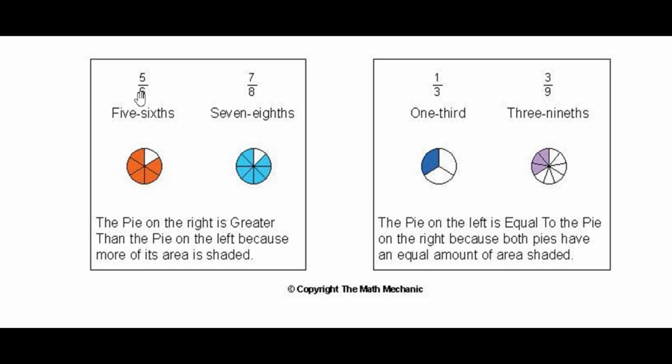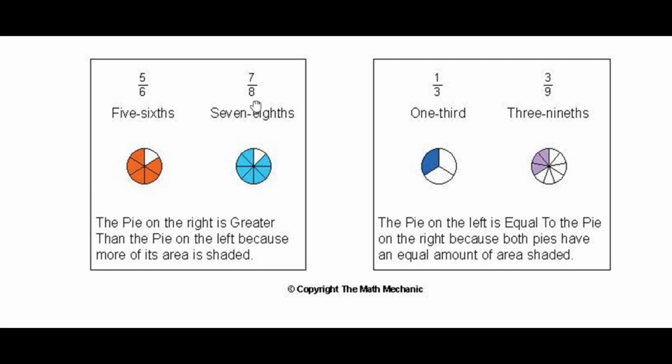There are a total of 6 pie slices in all, so there are 5 pie slices shaded out of a total of 6 pie slices.